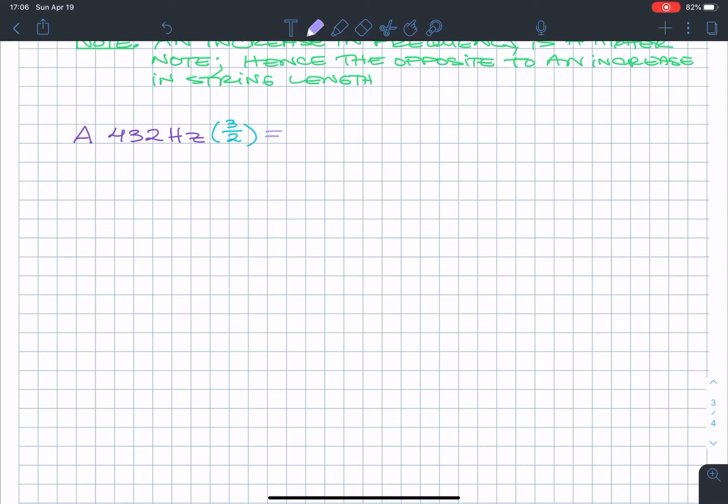Okay, so if I divide 432 by 2, I get 216. Then I multiply that by 3, and I get 648 hertz. And that turns out to be an E. So I've gone up from A to E. So now let's go ahead and multiply E at 648 hertz. Let's move that up a fifth.